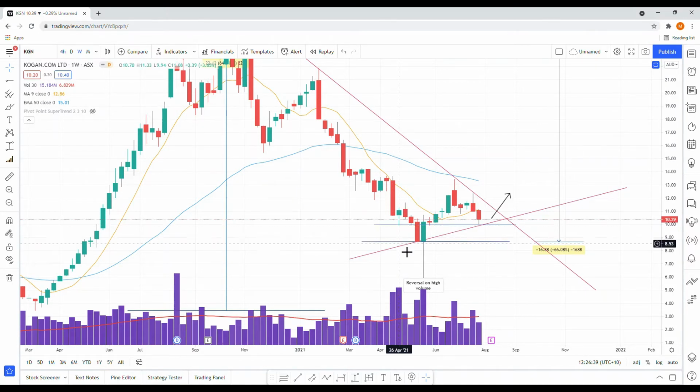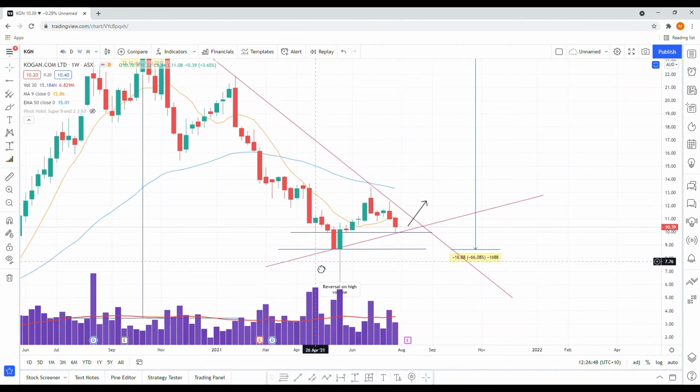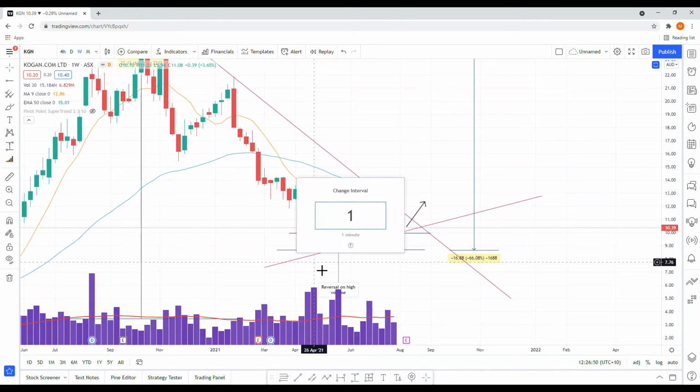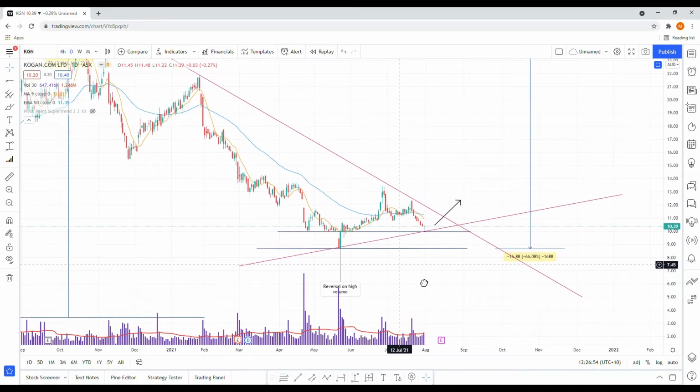So there are two levels acting as support for this stock at this stage. Let's look at the daily, this area, just to make sure what has happened daily, because we don't have much data.